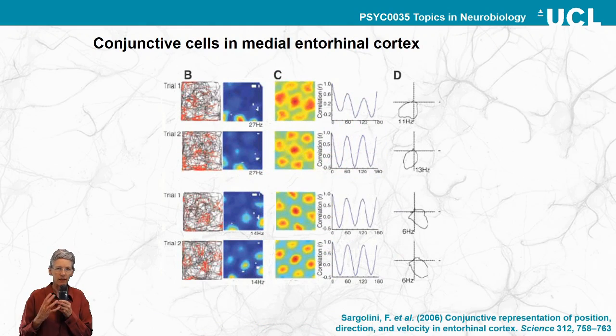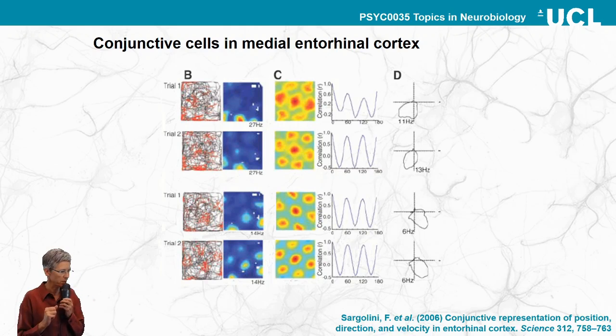Another type of activity that we quickly started to realize was very prevalent in these regions are so-called conjunctive neurons. And these are neurons that have some mixture of the properties that we've been talking about. So we've been talking about place fields as things that are produced pretty much in isolation, and a head direction cell tuning curve is a fairly pure signal, and a grid is a pure signal. But in entorhinal cortex, for example, there are many cells that have conjunctive properties.